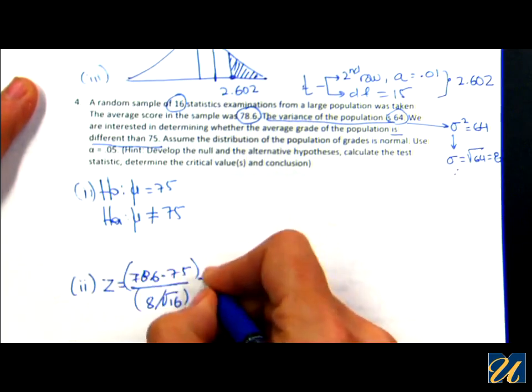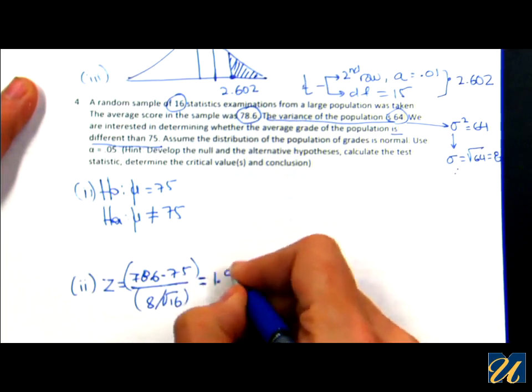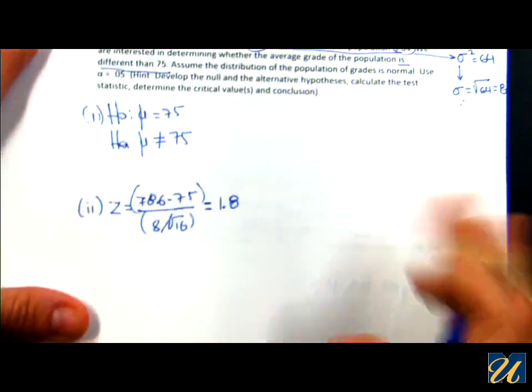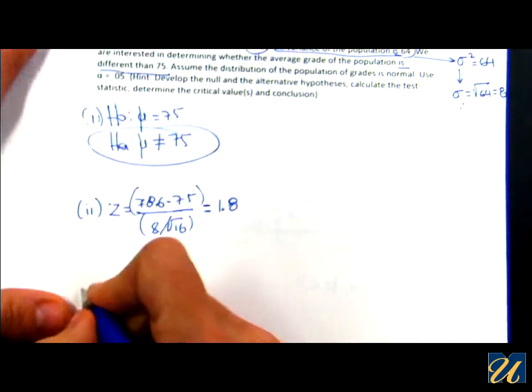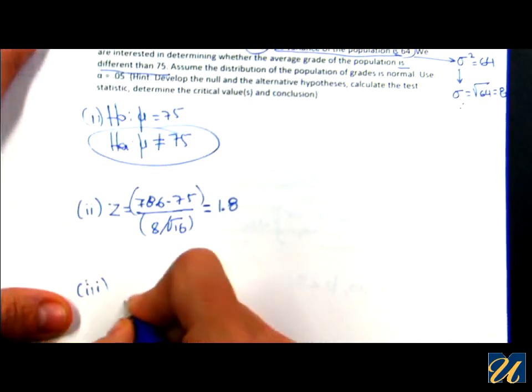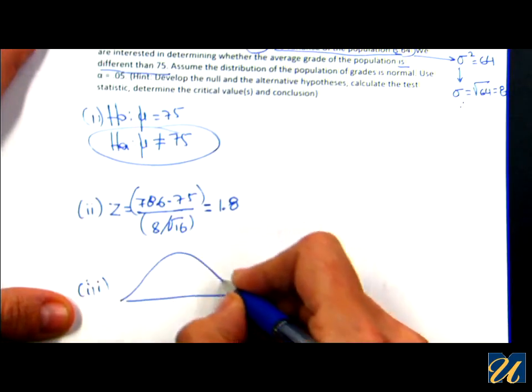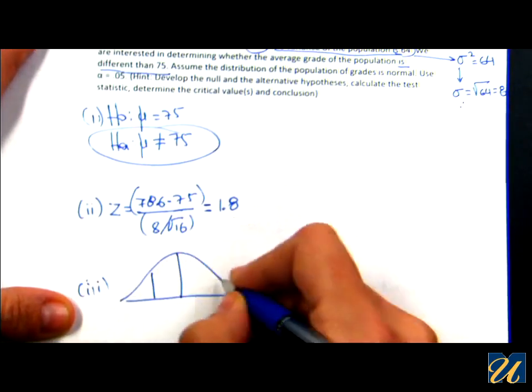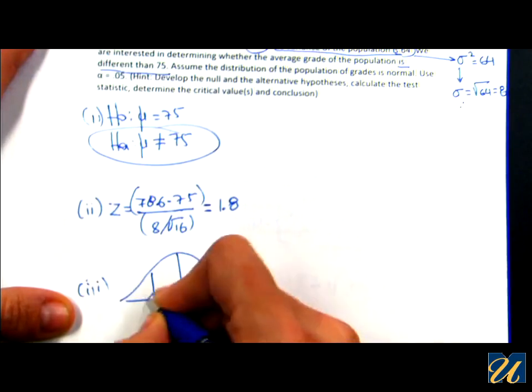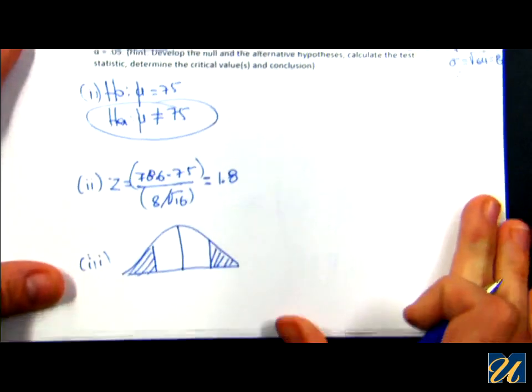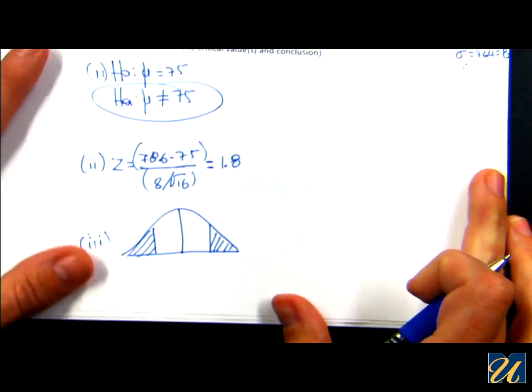Your test statistic will be equal to 1.8. I have a two-tailed test. That means two rejection areas, one to the left and one to the right.